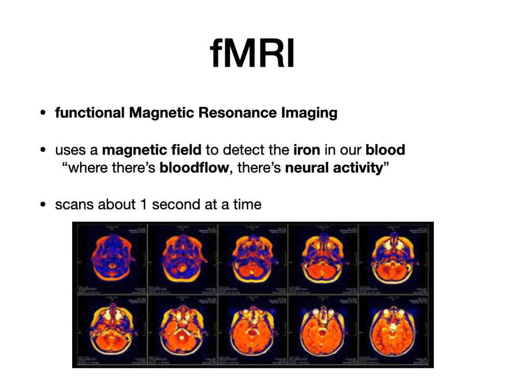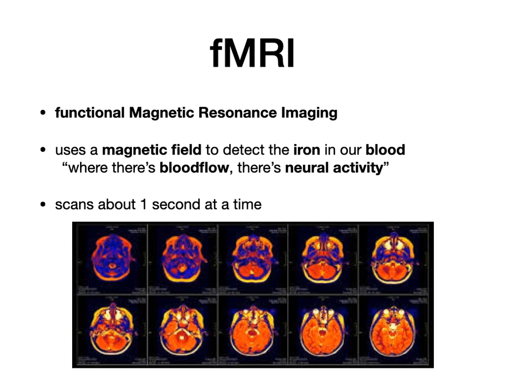That's how powerful this field needs to be in order to detect the iron in your blood. Now, it's whether or not the iron is bound to oxygen. So, oxygenated blood versus non-oxygenated blood will help to detect these things. But the idea is that in your brain, where there's blood flow, there's likely neural activity.